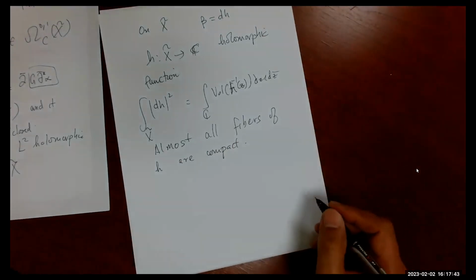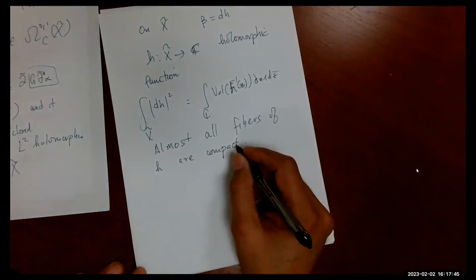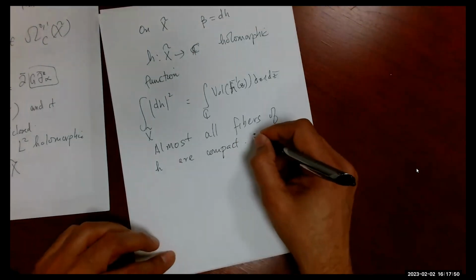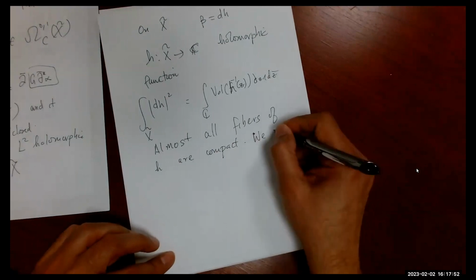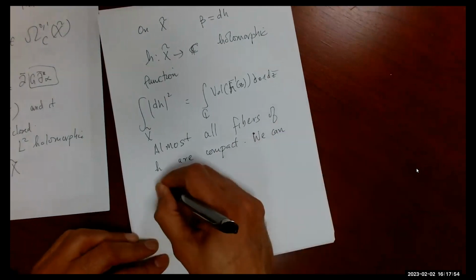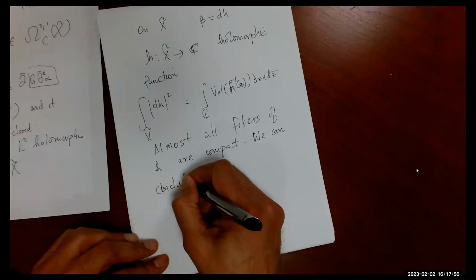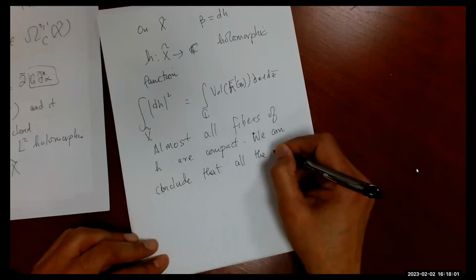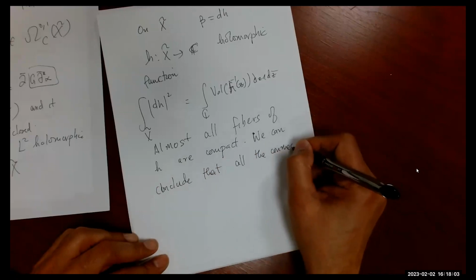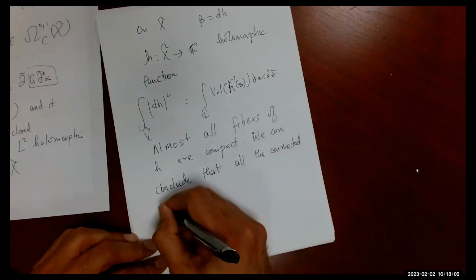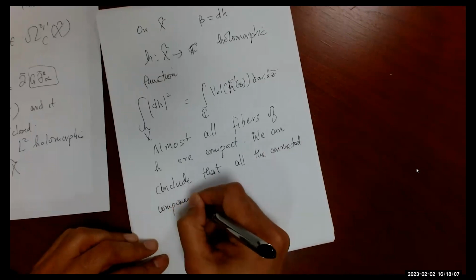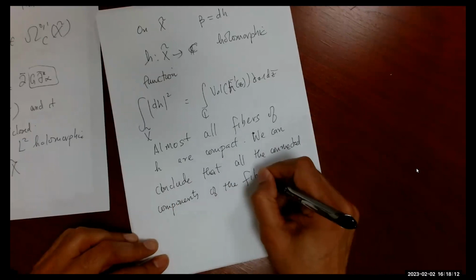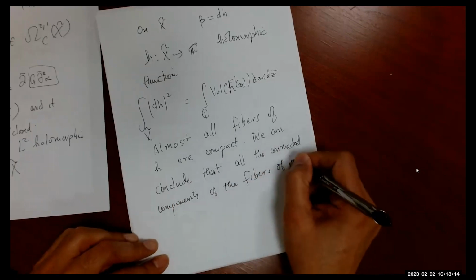Because finite volume implies compact. So then you can show that all fibers, therefore, and from there we can conclude, this requires a little bit of work, that all the connected components of the fibers of H are compact.